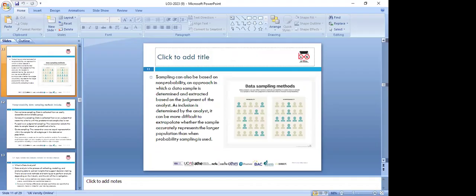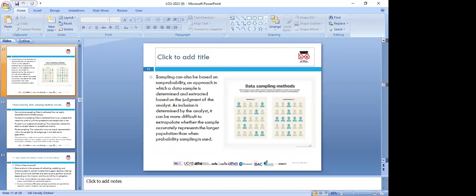As inclusion is determined by the analyst, it can be more difficult to extrapolate whether the sample accurately represents the larger population than when probability sampling is used.